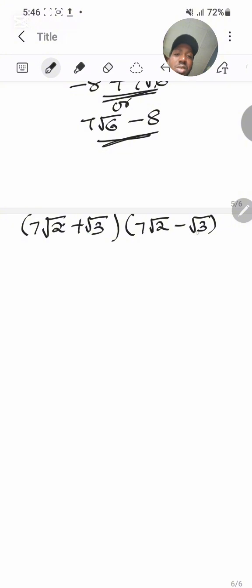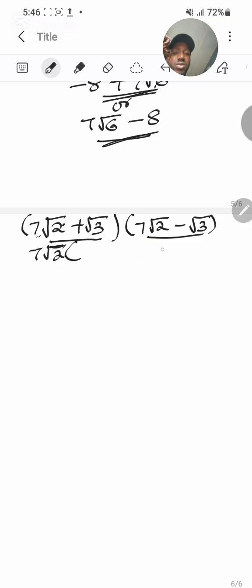So this bracket is going to multiply this. So let's first use the first part of this first bracket. So that's 7 root 2, open a bracket.